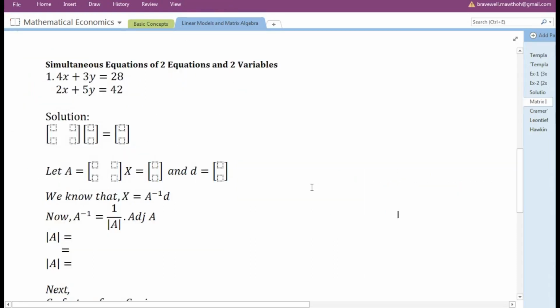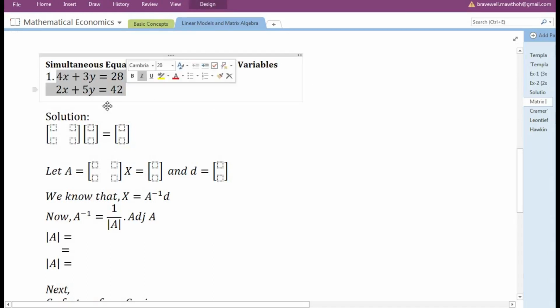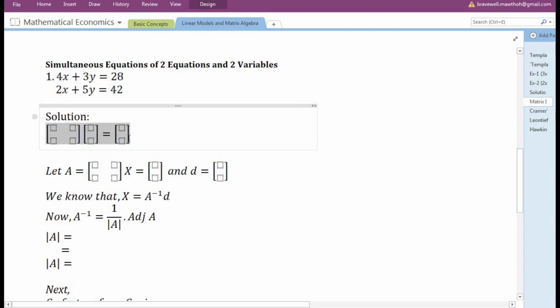Let us solve a system of simultaneous equations of two equations and two variables. So we have two equations out here. First of all, when you get a set of simultaneous equations, you need to arrange it in matrix form. So the first matrix is the coefficient matrix. What are the coefficients?